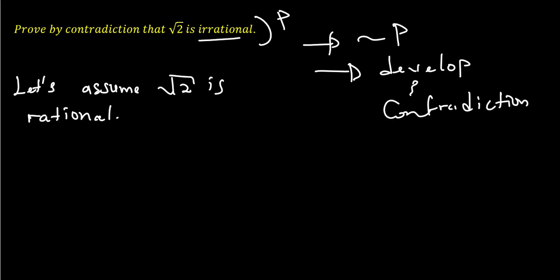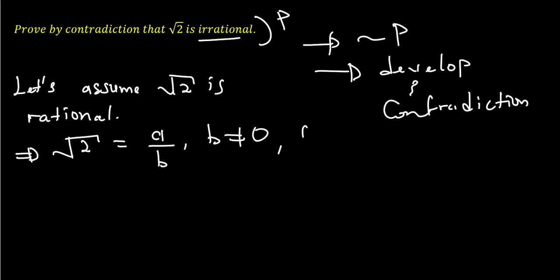Now if root 2 is rational, this means the square root of 2 can be written in the form a divided by b, where b is different from 0. And also we have to note that the greatest common divisor, GCD, between a and b is equal to 1. So the two numbers a and b are coprime.